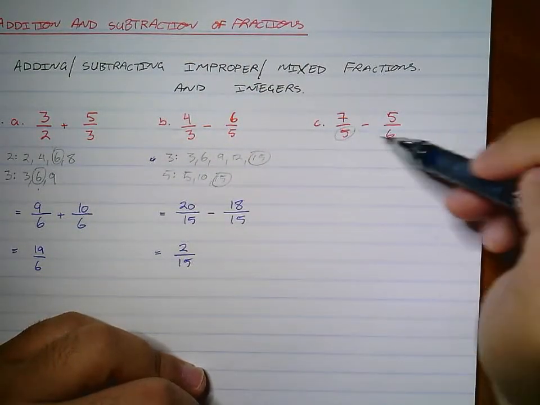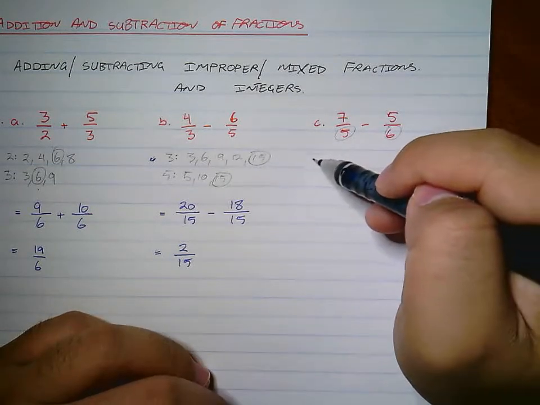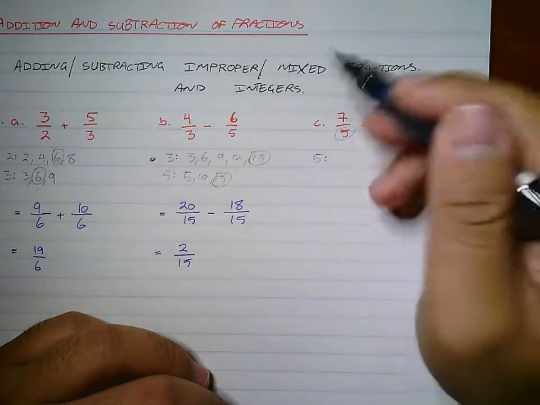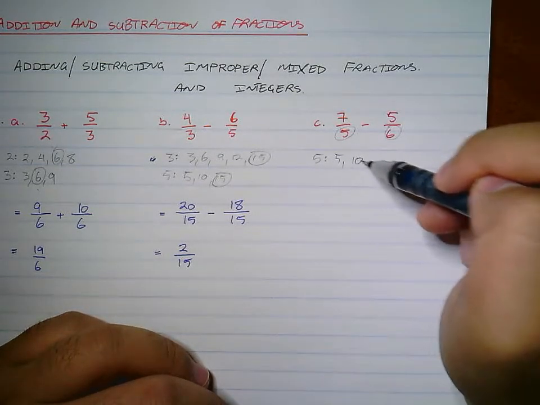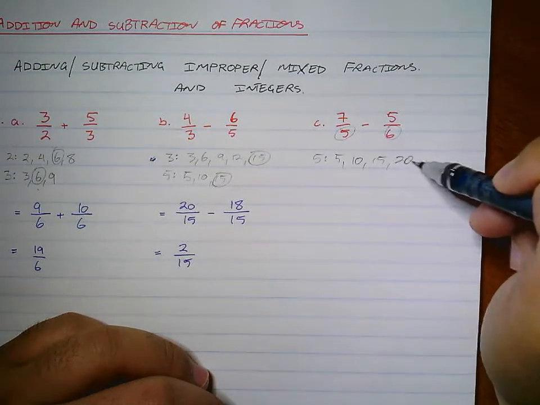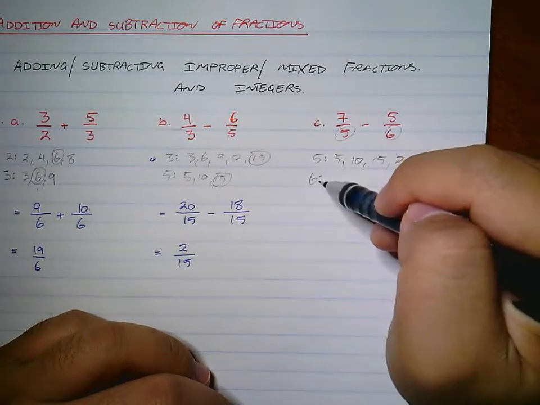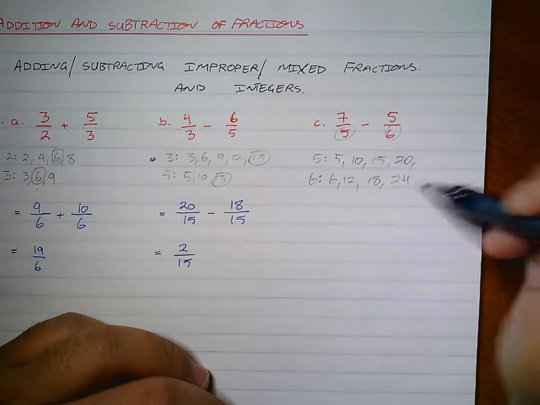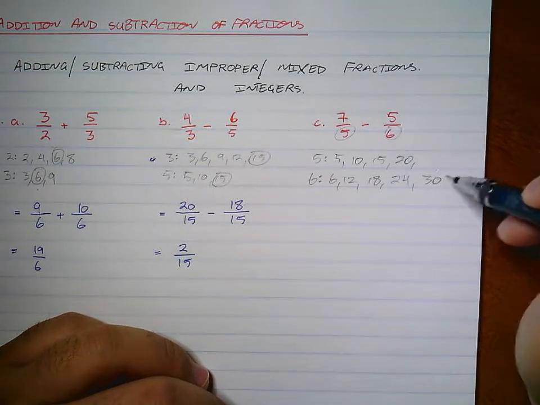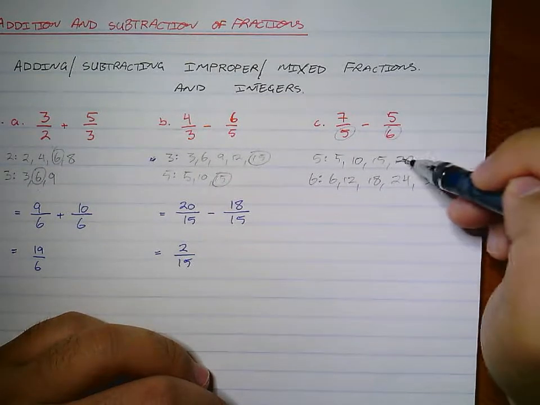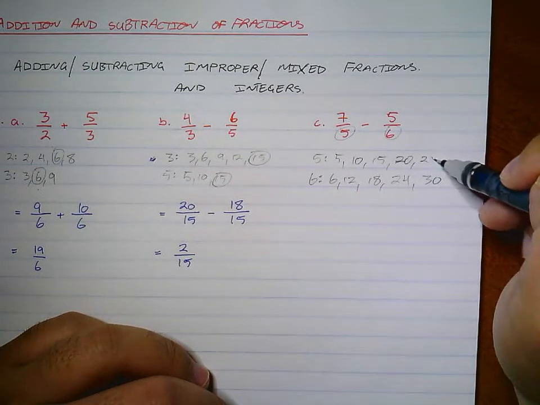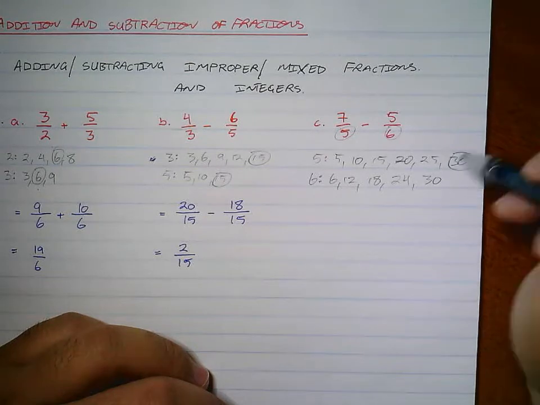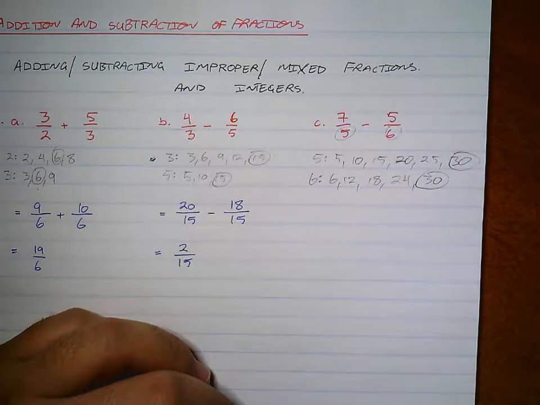Once again, multiples of 5 and 6. 5, 10, 15, 20. Multiples of 6: 6, 12, 18, 24, 30. Let's keep going with the 5s: 25. And 30 is our lowest common multiple.